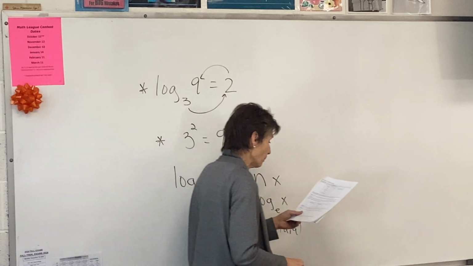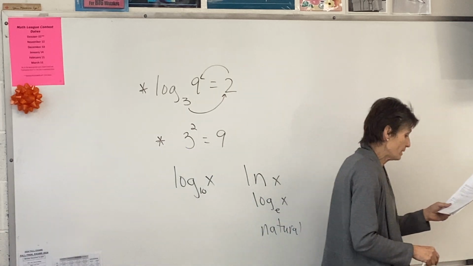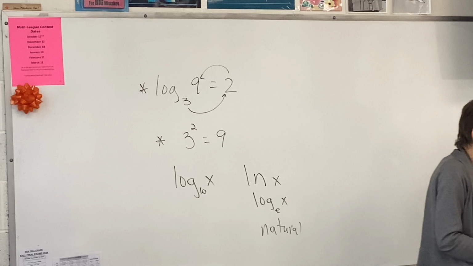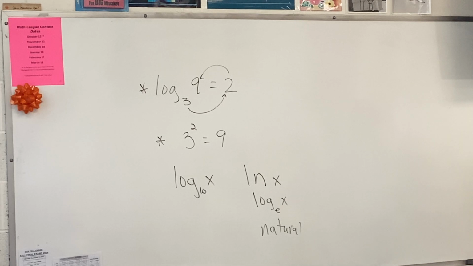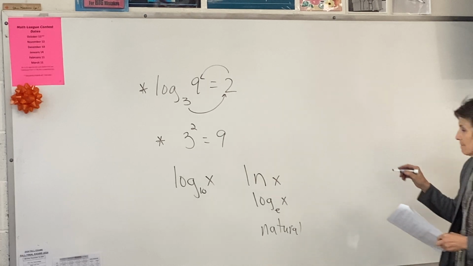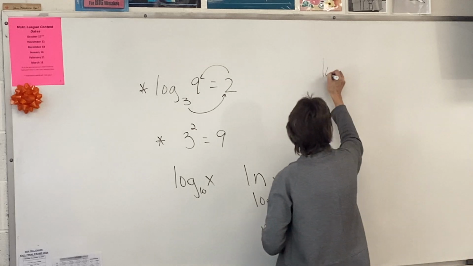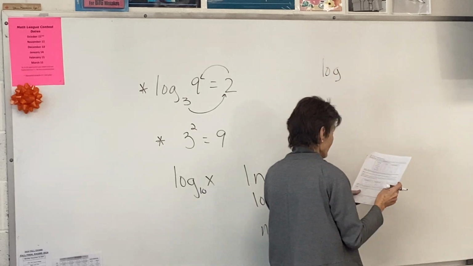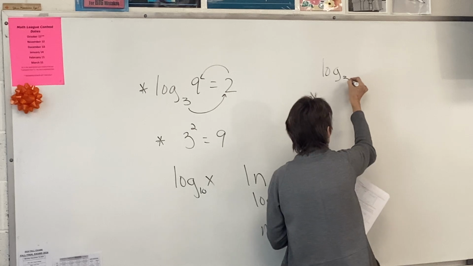All right, so example 1. We are going to convert the following equations from exponential form to logarithmic form. Okay? So 3 squared equals 9. That will be log base what? 3.